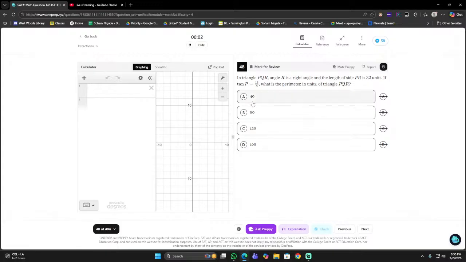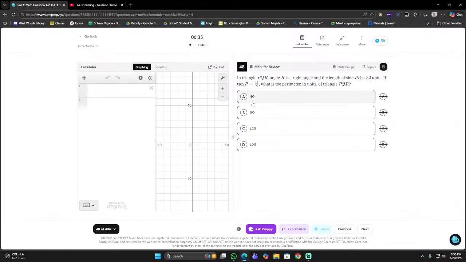Triangle PQR. Let's draw this out. PQR. PR is 32. It's given if tan of P, OA, so opposite over adjacent. So 32, 8 times what is 32? So let's see that. Give me a second. 32 divided by 8.